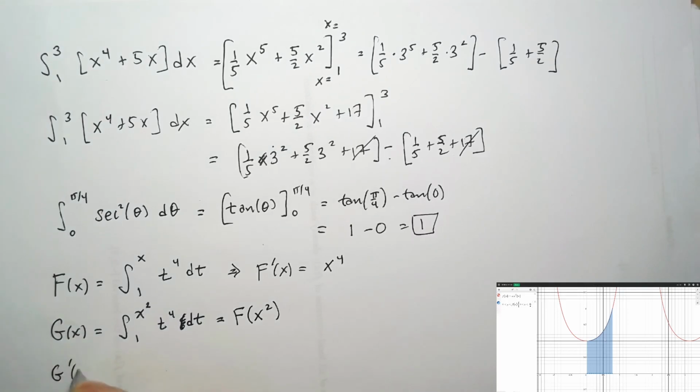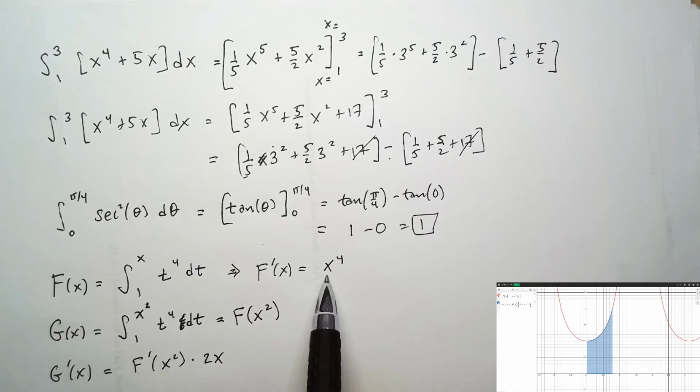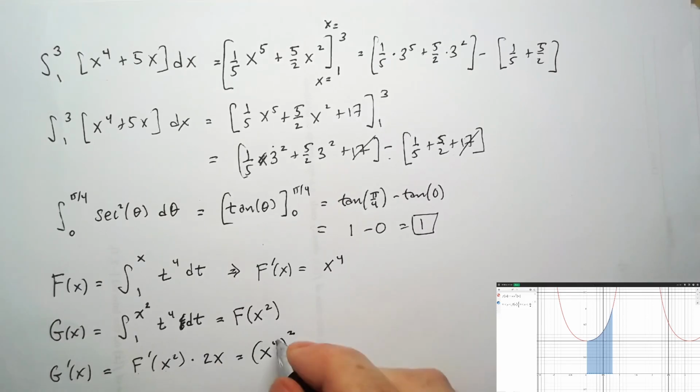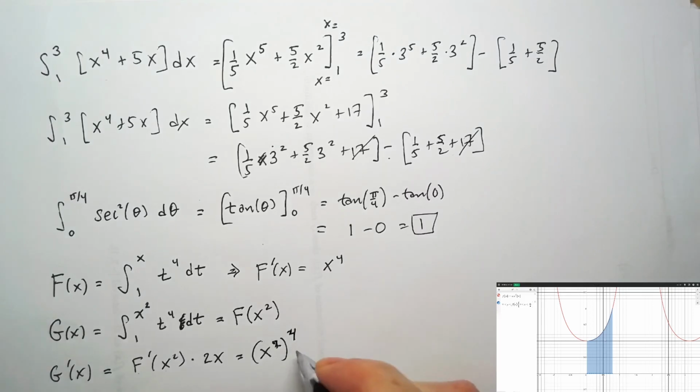So g prime of x equals big F prime of x squared times 2x. But big F prime was just the fourth power function, so this becomes x squared to the fourth power times 2x, or if we want to simplify it, 2x to the ninth.